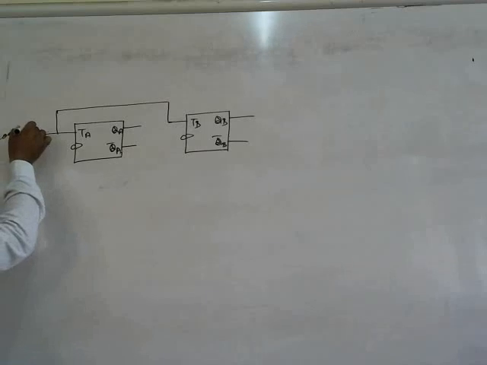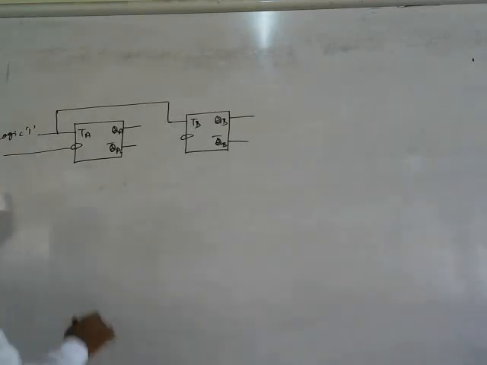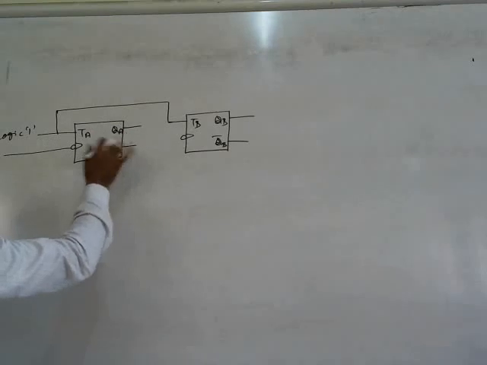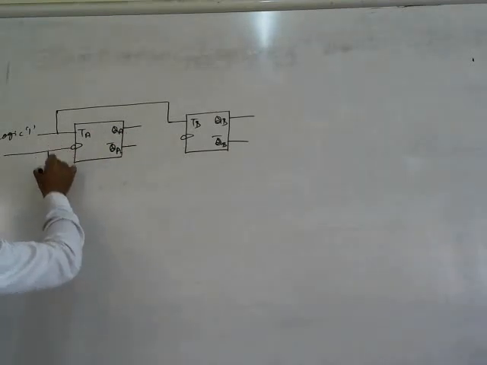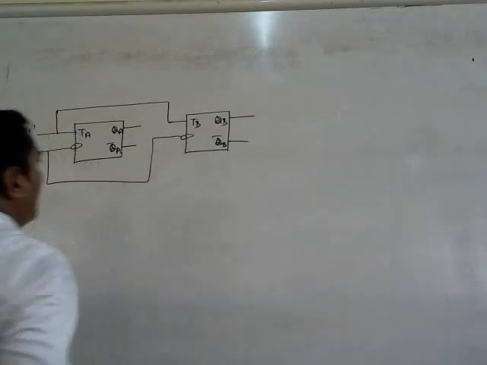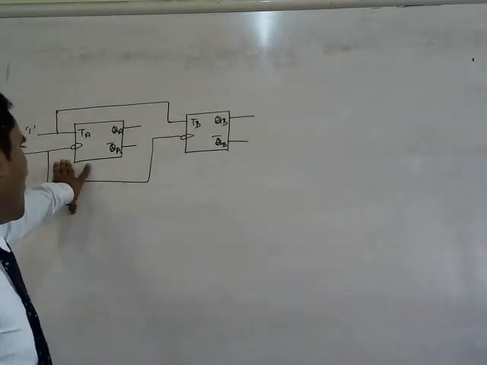Both the inputs of the flip-flops are connected to logic 1, and in the case of the synchronous counter, that is the 2-bit synchronous up counter, we connect the clock signal simultaneously to all the flip-flops.